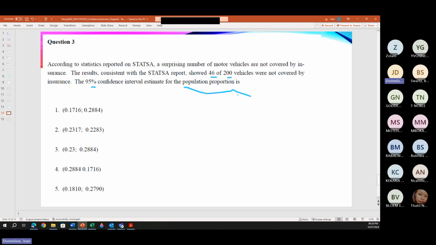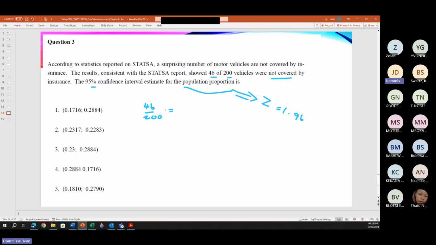Okay, population proportion, as we now know, it's a Z. 95% is 1,96. I assume they want us to work out the vehicles that are not covered. So the 46 over 200.